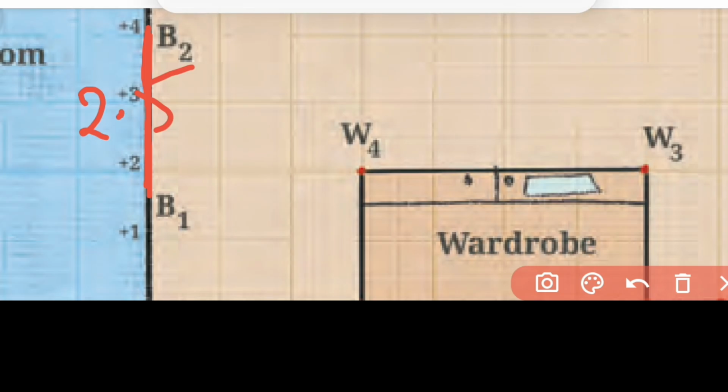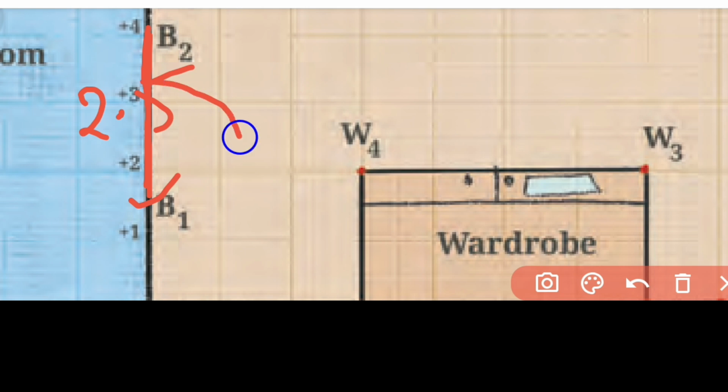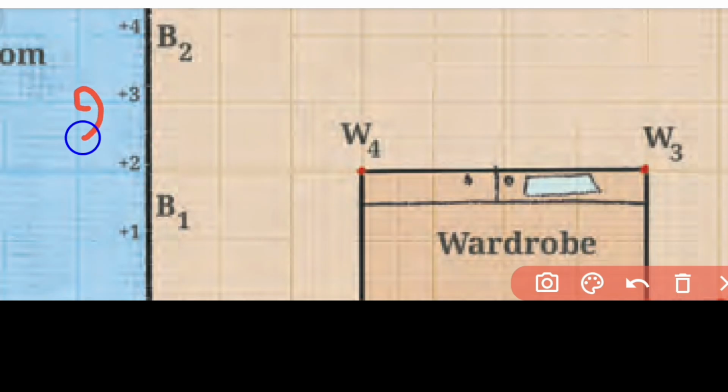Now he is asking, if it hinges at B1, the door will open like this. If the door is opening like this, will it hit the wardrobe? Let us check. If the door is 2.5 units, that means it should open like this.